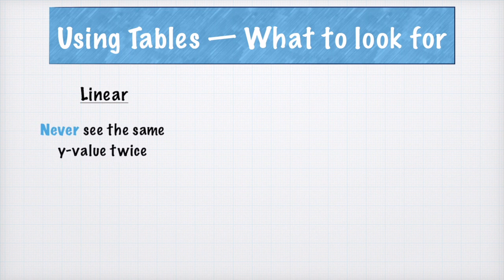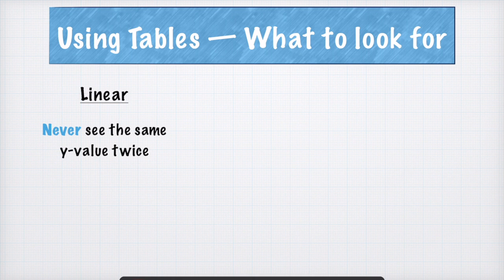So let's look at some tables, and we're going to see what we need to look for. For a linear function, we're never going to see the same y value twice. The first difference, and I'll explain that in another slide, will be the same through each one.